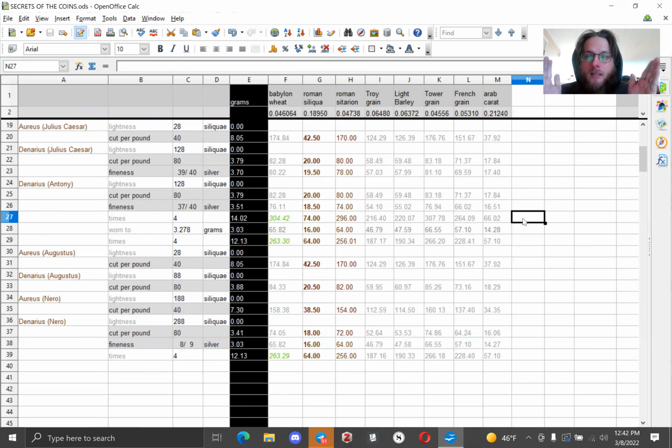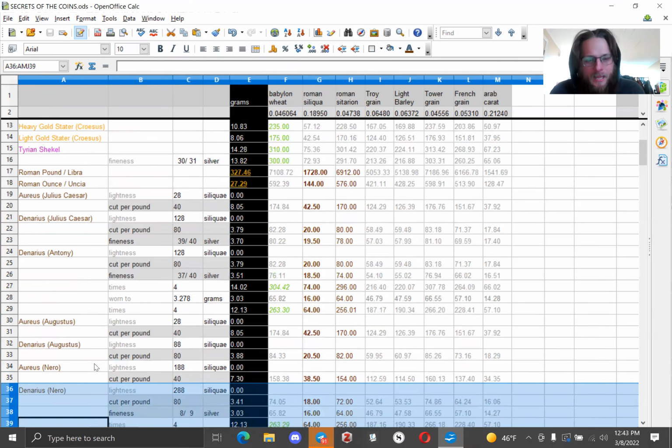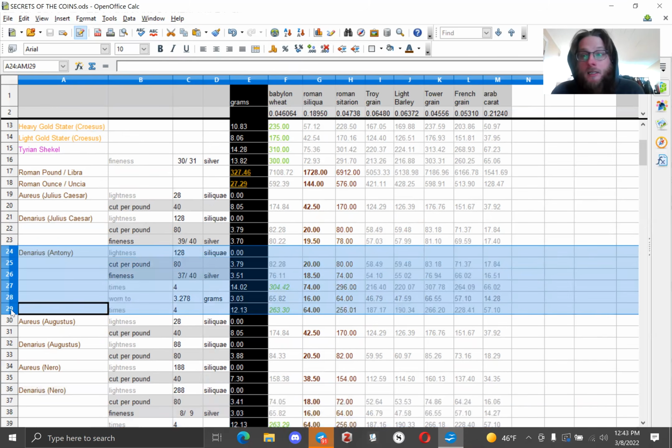These debasements are necessary measures in order to prevent the contraction of the monetary economy from leading to a run on credit and sucking all the money out of circulation. Okay, which is exactly what happened in the early 30s. And so Nero kind of finally solves this problem by debasing the denarius, in order to match the value of the circulating Antony denarii.